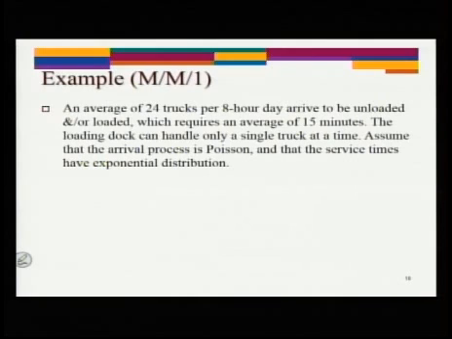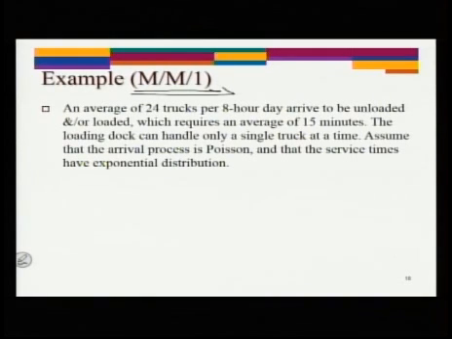We assume that the arrival process is Poisson and that the service times have exponential distribution. So this loading dock can be modeled as an M/M/1 queue. That's why I specify up here M/M/1 model example.